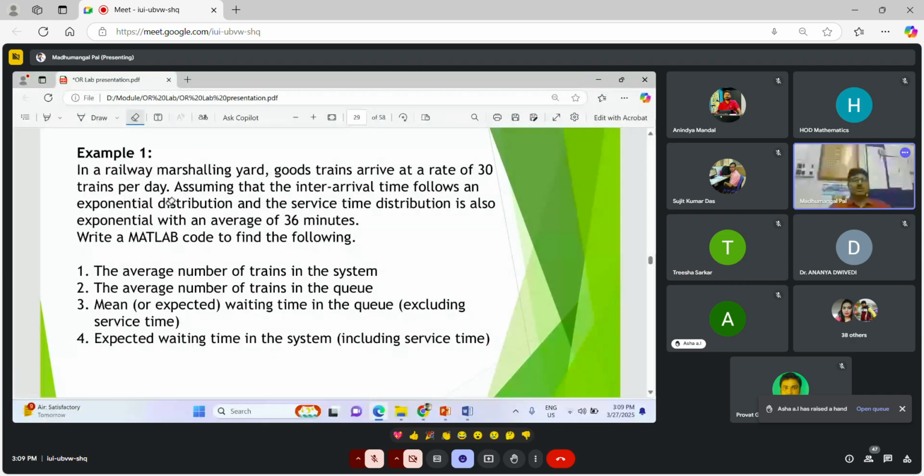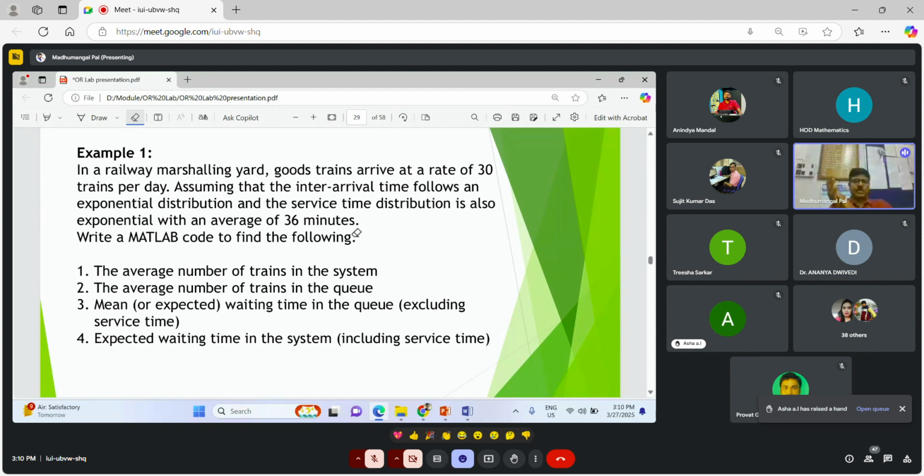Consider a railway yard, where the arrival rate is 30 trains per day. Assume that the arrival time follows an exponential distribution, and the service time distribution is also exponential with an average of 36 minutes. This is the service time for a train. One train is coming with a lot of goods, and to clear that particular train needs 36 minutes.